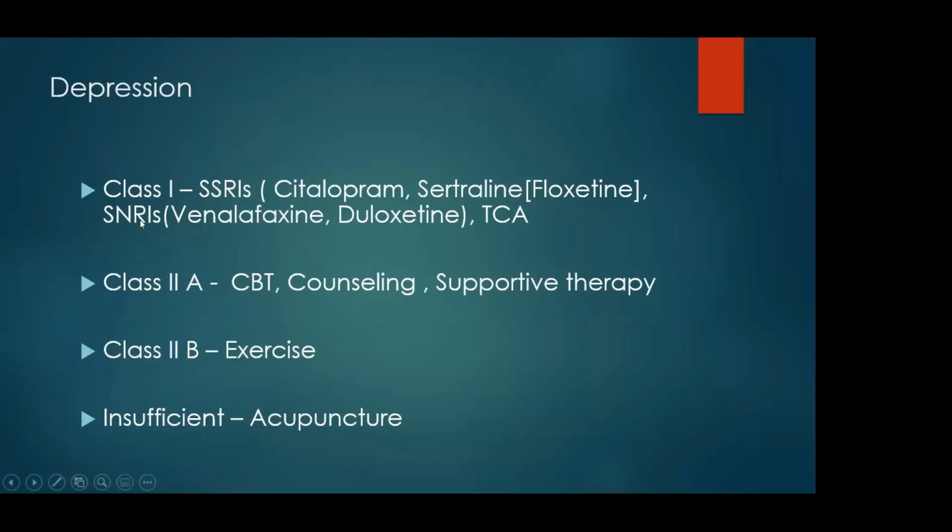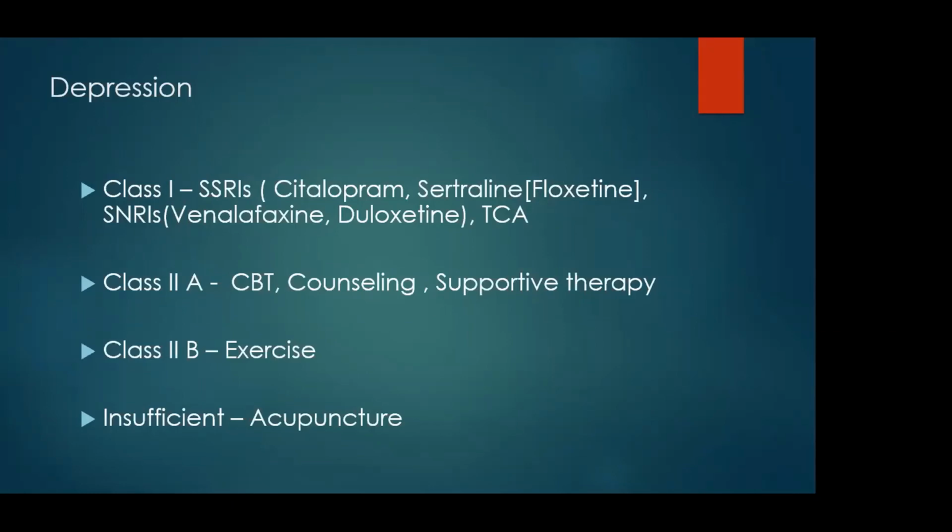SSRIs, SNRIs. So citalopram, sertraline, fluoxetine. I've put fluoxetine in brackets because it has a lot of drug interactions with different drugs. As such, these patients are on different drugs, and if you are providing palliative care, you might have to give morphine, laxatives, etc. Lots of different interactions with fluoxetine, so generally not preferred.